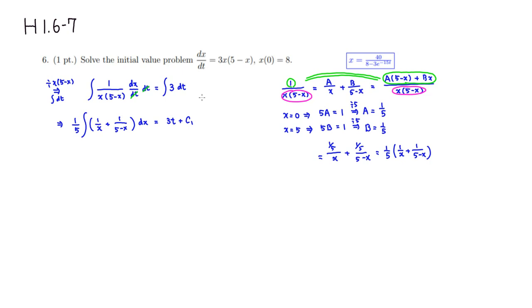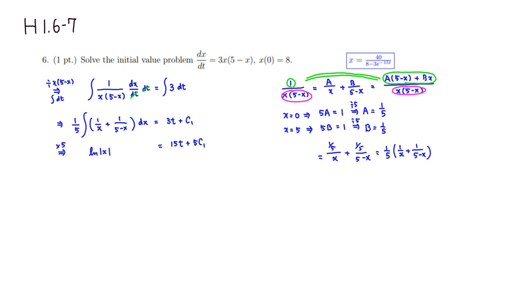If you want, we can actually multiply through by 5. Then the 1/5 is gone, and the right hand side is going to be 15t plus some constant, I guess you have to multiply by 5 C1. The antiderivative of 1 over x is the natural log of the absolute value of x.